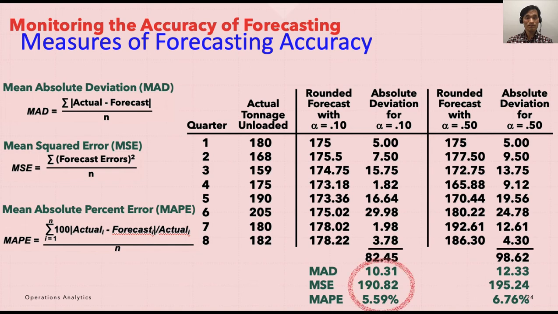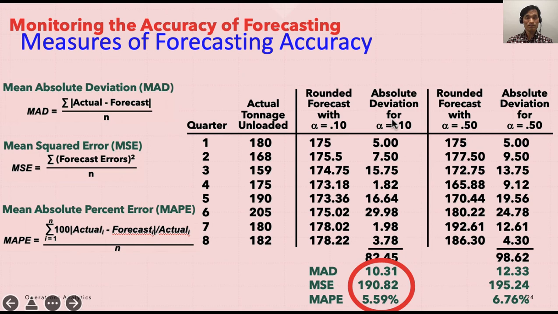Here's an example. Say we have this forecast. We have actual tonnage, the unloaded data right here. And we use the moving average with alpha equals 0.10 or alpha equals 0.50. And 180 is actual demand, and this is the forecast with this model.